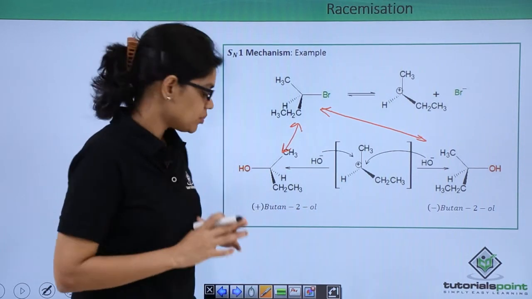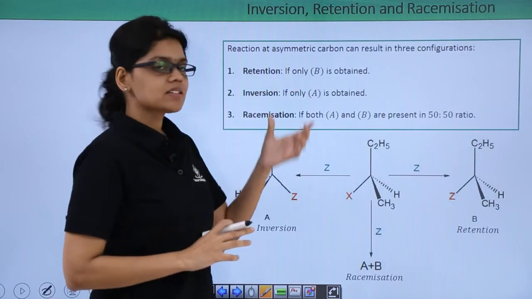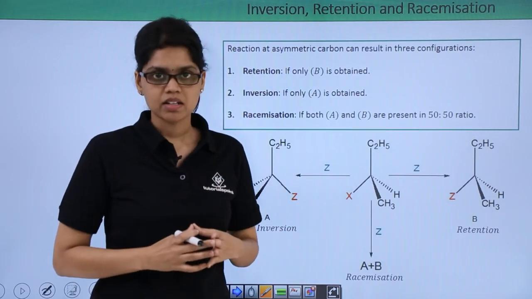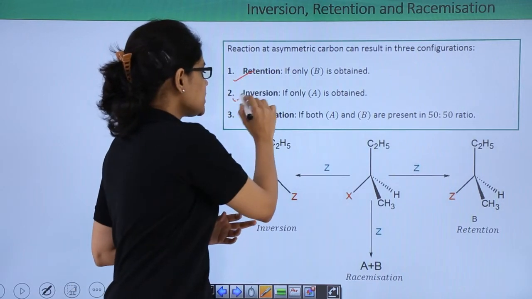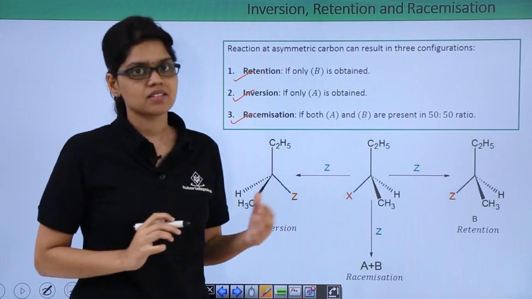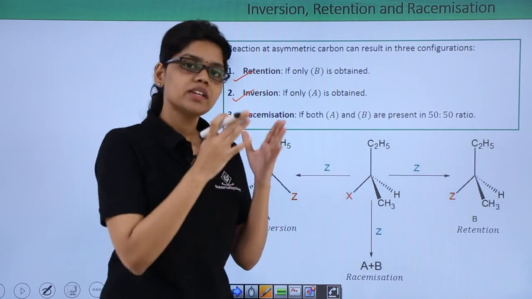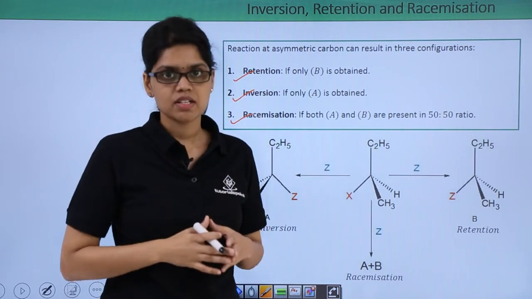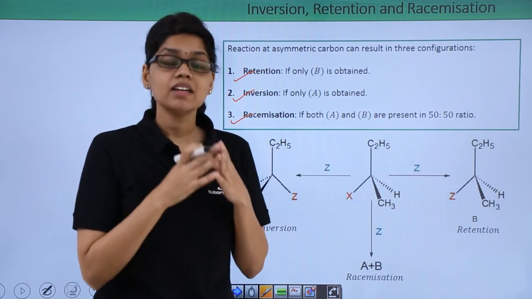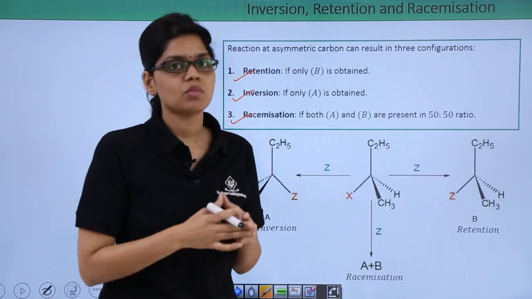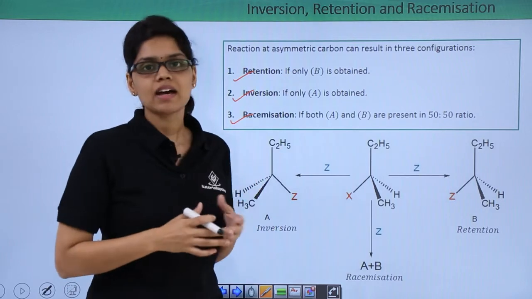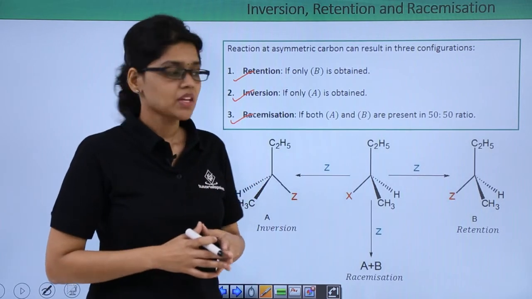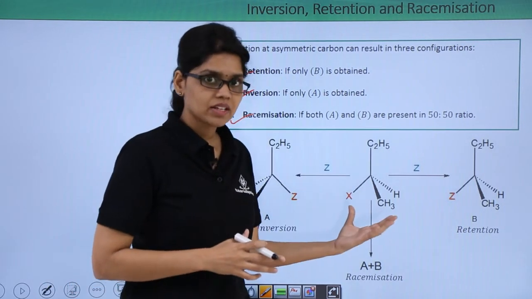To summarize, it is important to note that when a reaction takes place at an asymmetric carbon atom, there are 3 possibilities. First is retention, second is inversion, and third is racemization, where products with both inversion and retention of configuration form in exactly equal amounts, that is 50-50% of both products. To understand that, here we have an example.